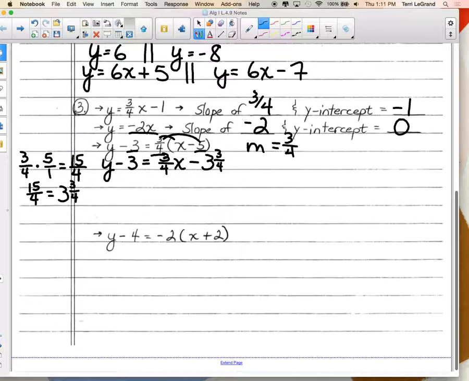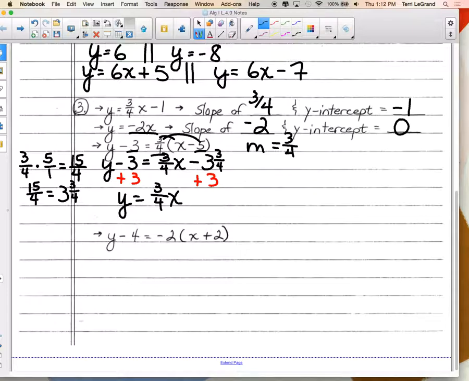Is that our y-intercept, or what else do we have to do? Are we done? No, what do we have to do? Get y by itself. How are we going to do that? Add 3 to both sides. So y is now by itself. 3/4 x is going to stay 3/4 x.